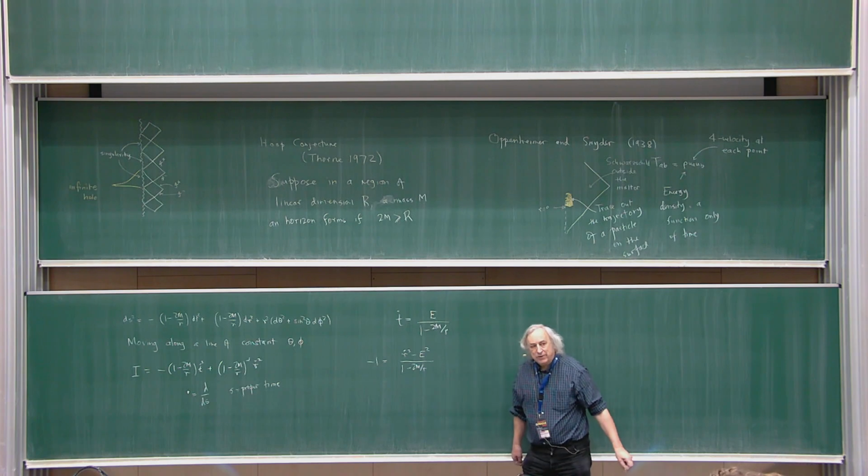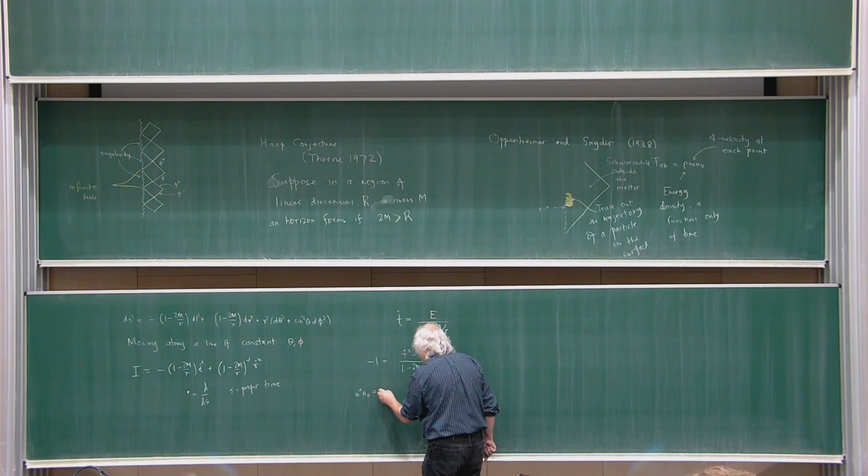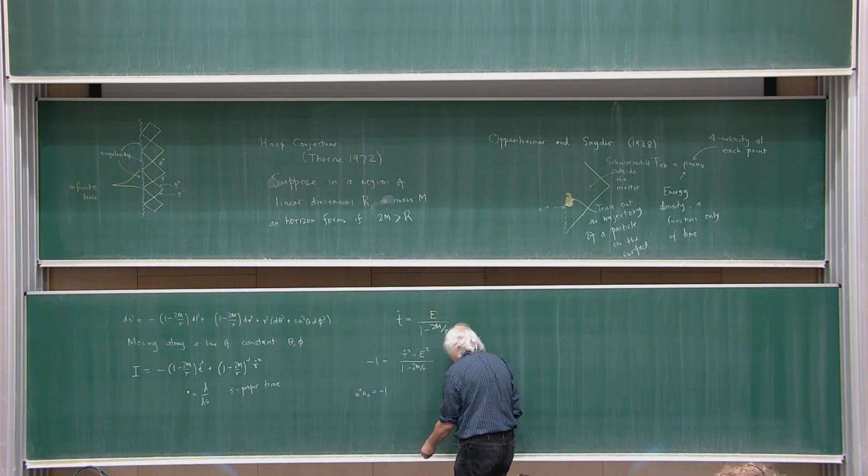But that's just basically the same thing as saying that U^A U_A is equal to minus 1, where U^A is x^A dot.